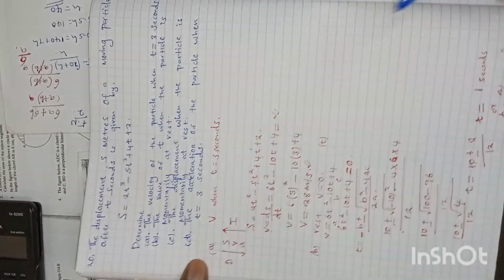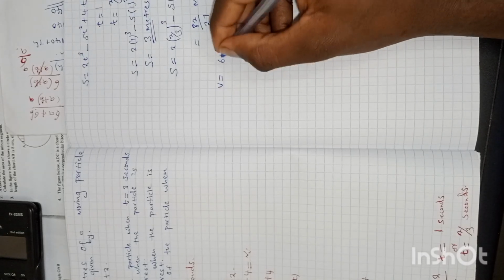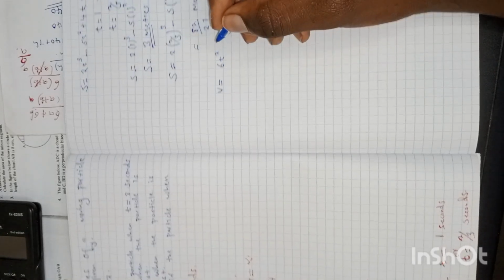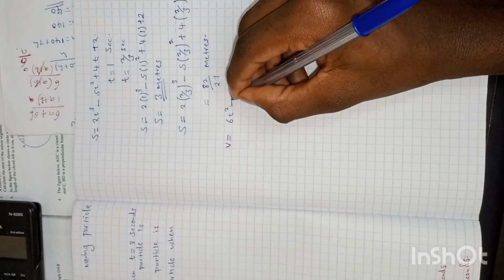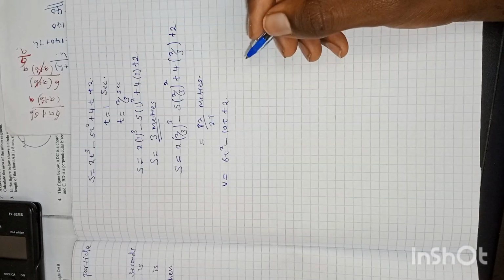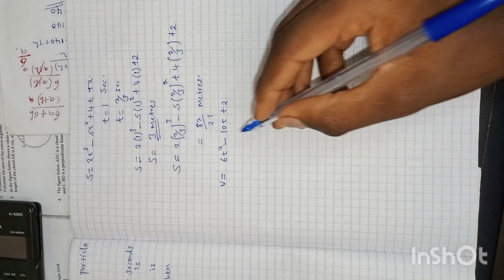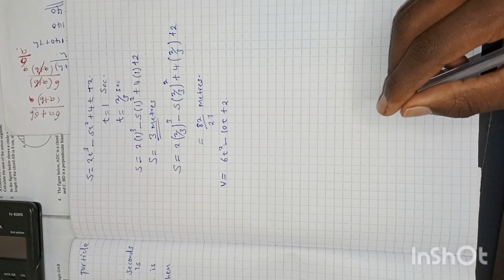And what is our velocity? Our velocity was 6t squared minus 10t plus 2. This is our velocity. Now we need to find acceleration, and for us to get acceleration we differentiate this velocity.